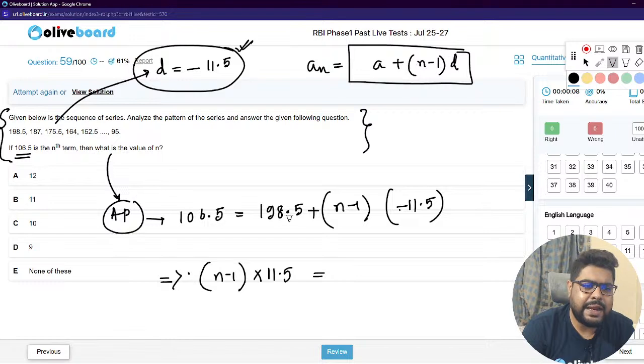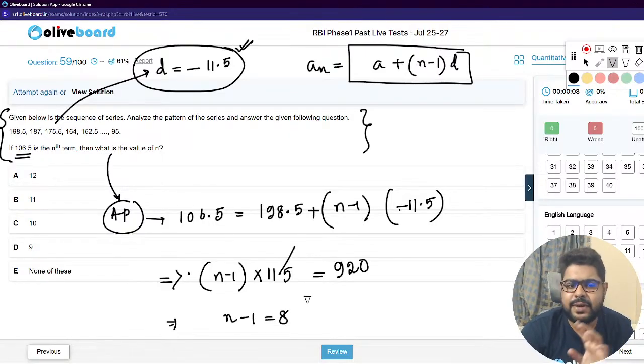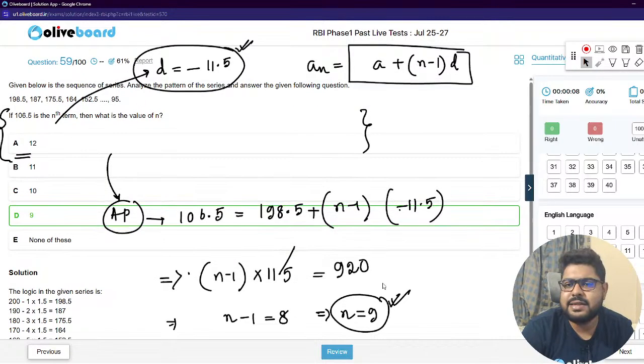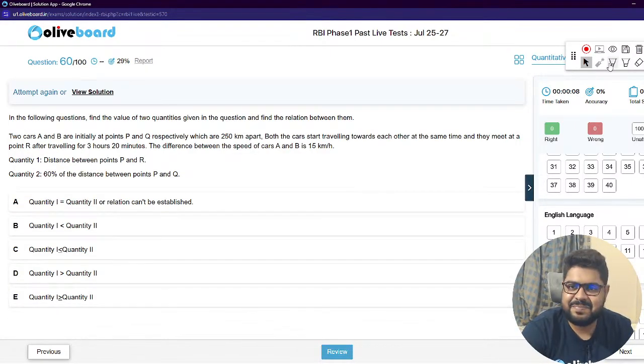So 198 minus this, how much will remain, sir? 92 will remain, I guess, right? Yes. So N minus 1, just get rid of this, this will be 0. 92 is 8 times 11.5, sir. 8 15s are 120. So the value of N comes out to be 9, sir. That is what they are asking, the value of N. 9 is the answer. Very simple question.